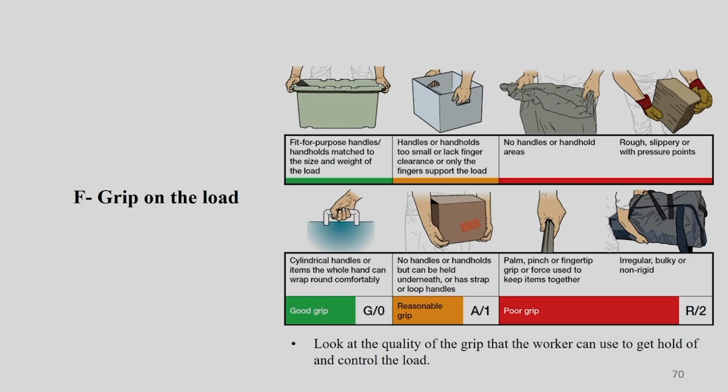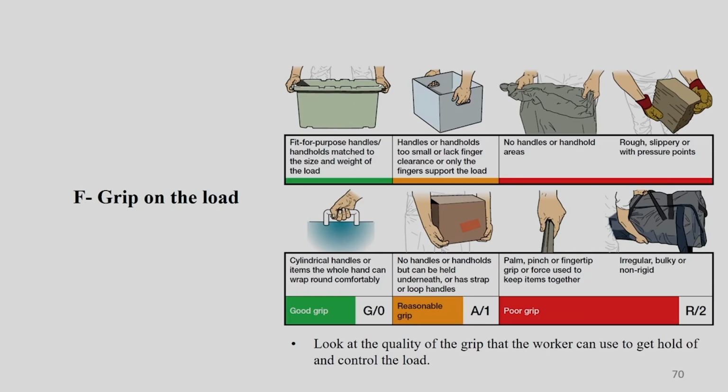For such cases, palm pinch or fingertip grip, or force used to keep the items together. You have to hold it very tight. In those cases also it is red. Irregular, bulky or non-rigid, for such cases also it is red.